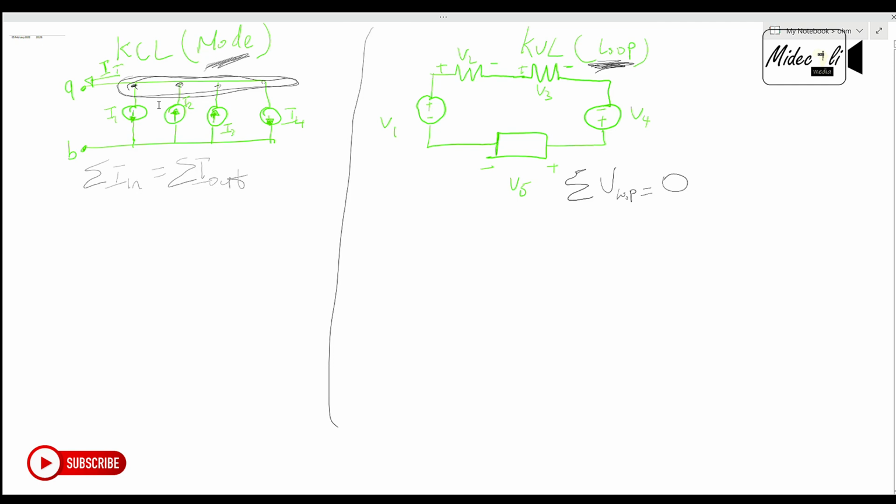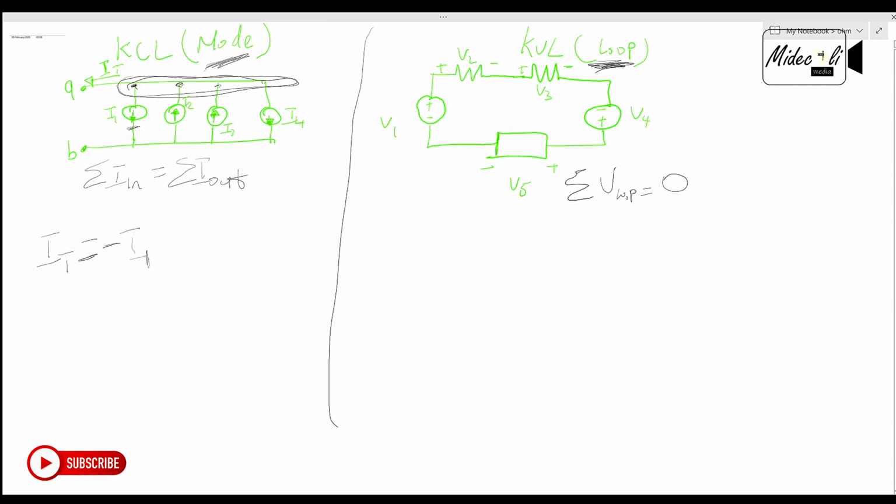So looking at this, our total current IT is equal to, look at our I1. Is that arrow facing this node? No, it's facing down. So we have it to be minus I1.